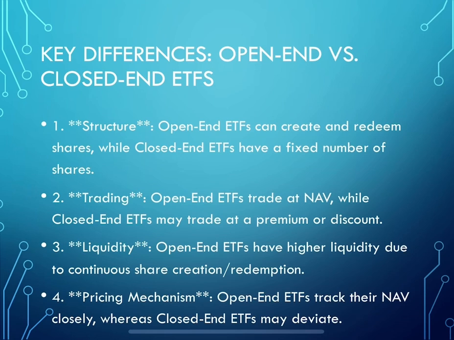If we speak about structure, an open-end ETF can create and redeem shares while a closed-end ETF has a fixed number of shares. If we speak about trading, an open-end ETF trades at NAV, while a closed-end ETF may trade at a premium or discount.